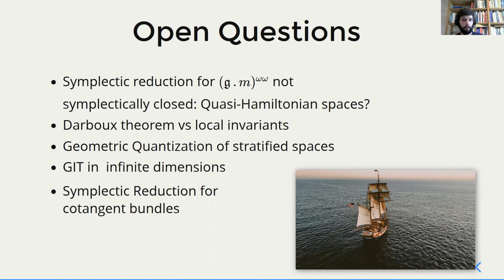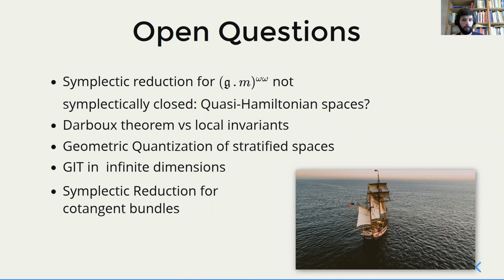And I think they could be related to these symplectic topologies that were introduced. As I said, these symplectic topologies in some way measure the obstruction to being strongly symplectic. So if there's a jump in the symplectic topologies, then this could be the reason why the Darboux theorem doesn't hold.